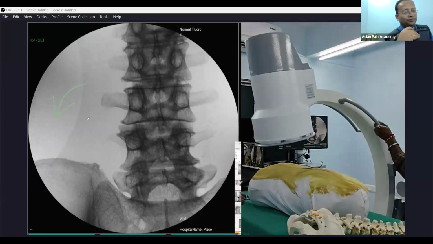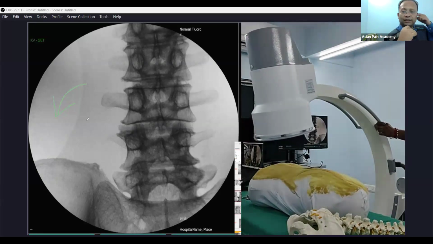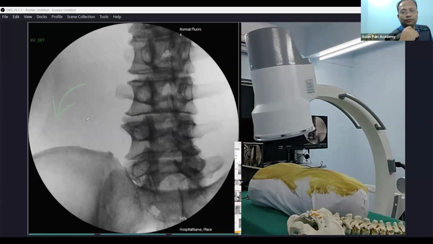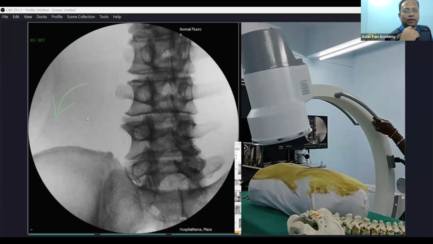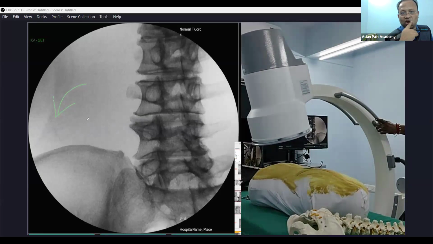Left Scotty dog. So patient's left side, left Scotty dog. A bit more. We can go a bit more. Okay, it's okay. So we can see the Scotty dog.